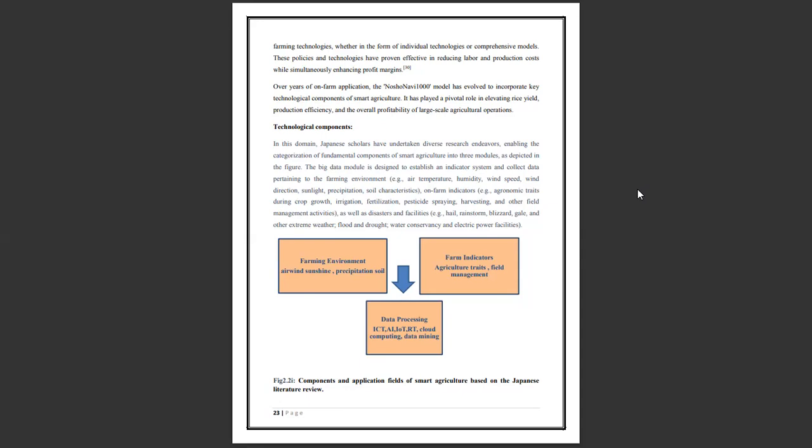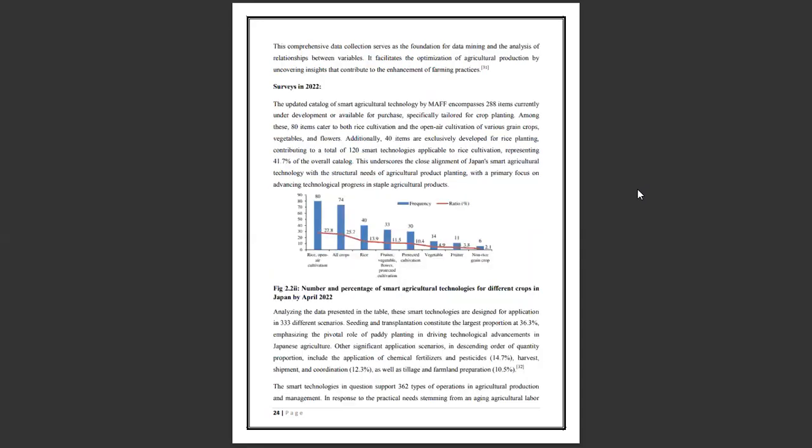Data processing includes ICT, AI, IoT, RT, and cloud computing and data mining, meaning different latest trends and technologies. This comprehensive data collection serves as the foundation for data mining and analysis of relationships between variables. It facilitates the optimization of agricultural production by uncovering insights and contributes to the enhancement of farming practices.